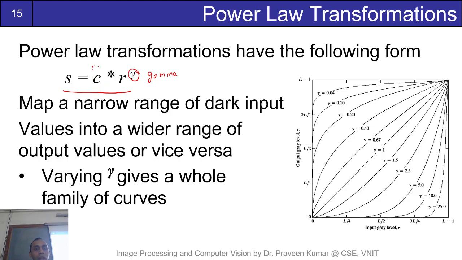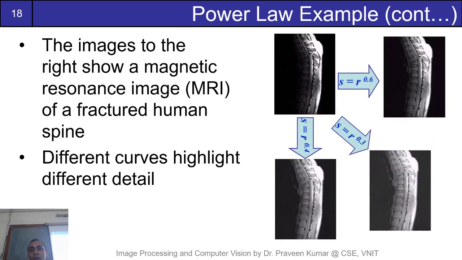Now if you change these gamma values, you can have a whole family of curves, and we can experiment with these gamma values to see what effect it has on our image. So this is the same example I showed earlier.